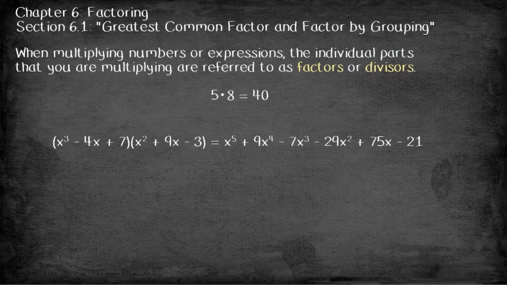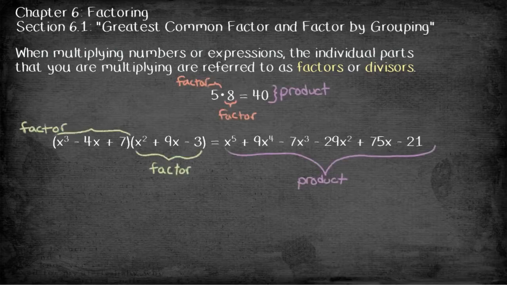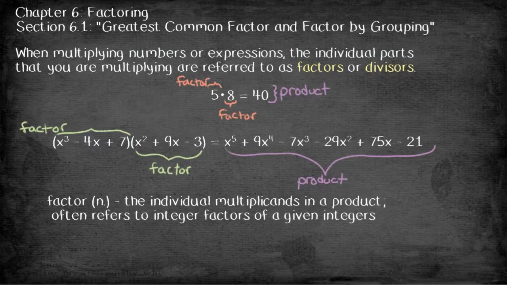The second one is the product of two polynomials. So the individual parts are the factors. You can see those in orange and green. The products, or the answers, are highlighted by this purple.